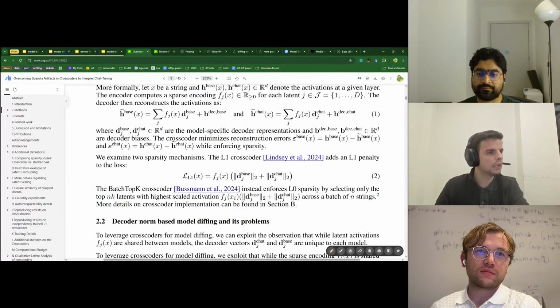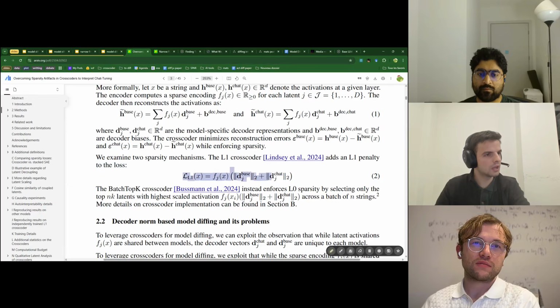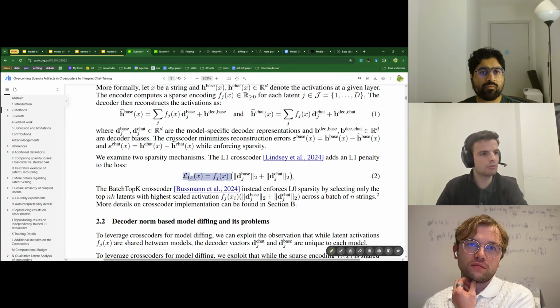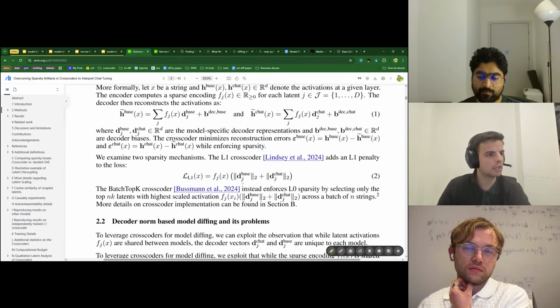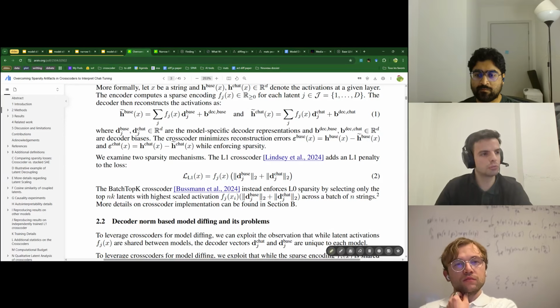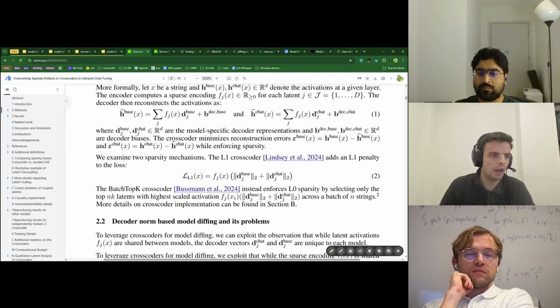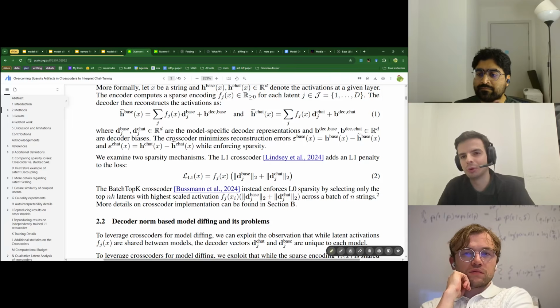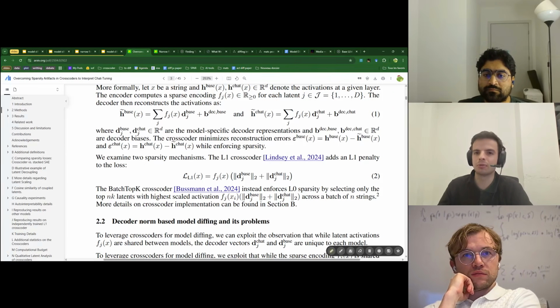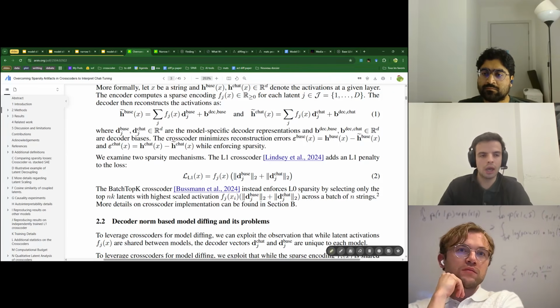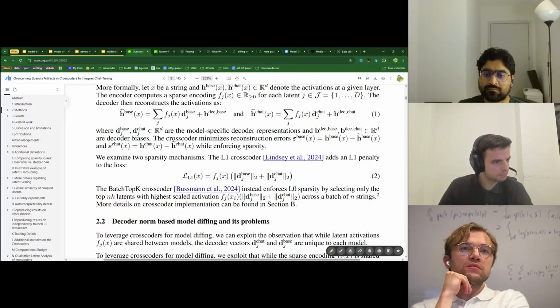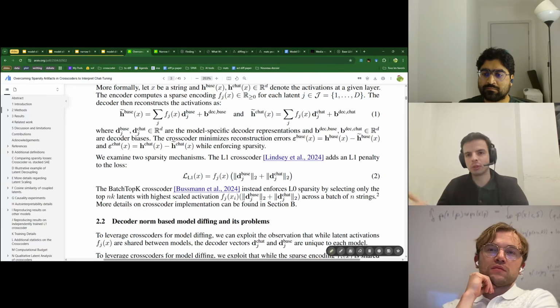So this is the L1 loss, the sparsity loss from before. This is the L1 penalty that is supposed to approximate the L0. And with BatchTopK, basically we say we're not approximating anymore. We are enforcing that L0 is at a certain value. I will explain TopK first.